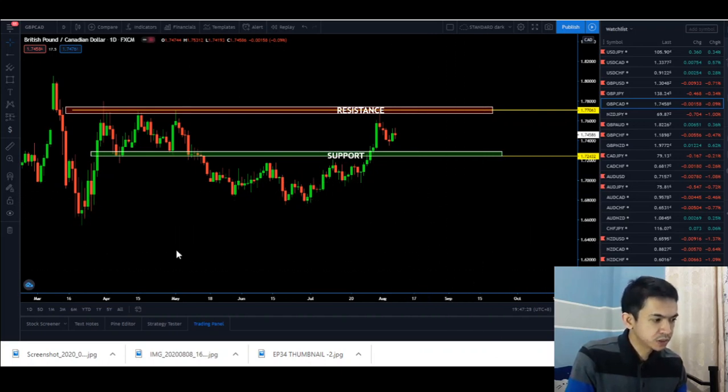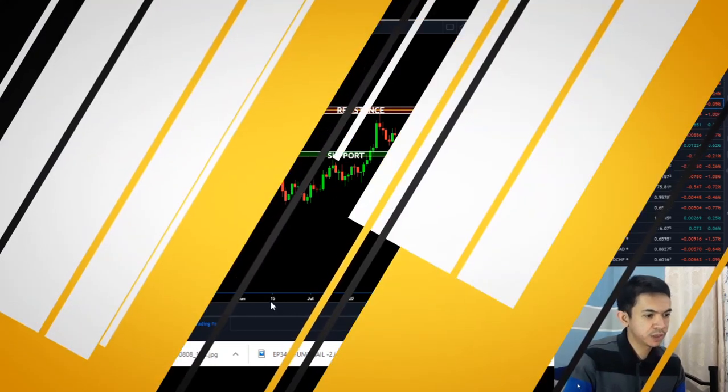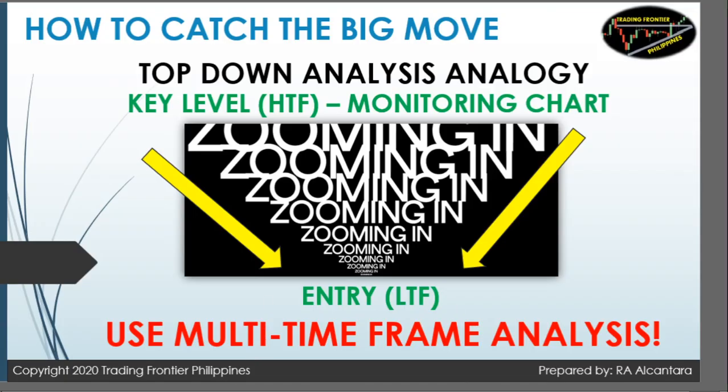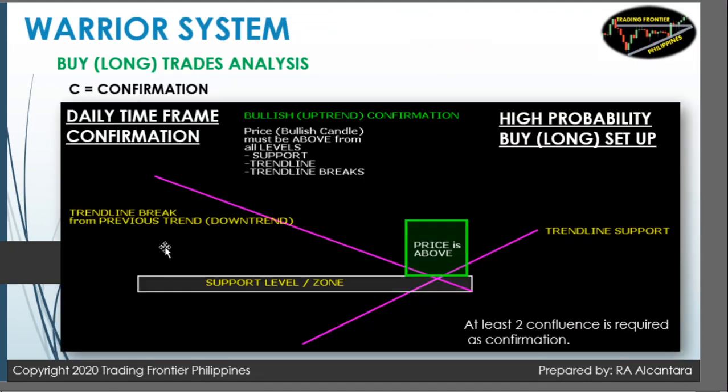So just to recall, what is the setup for an entry for our TFP Warrior system? Again, if we're going to do a long or buy setup, this is the setup for a higher probability trade, right? For a long setup, the price should be above these key significant levels.